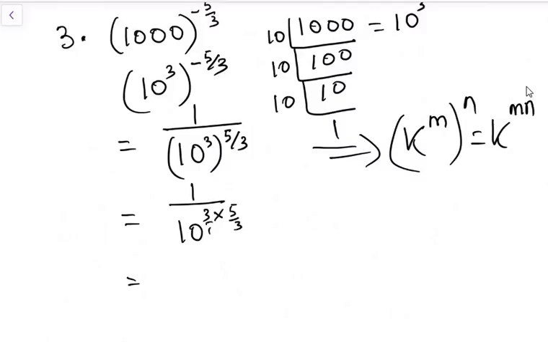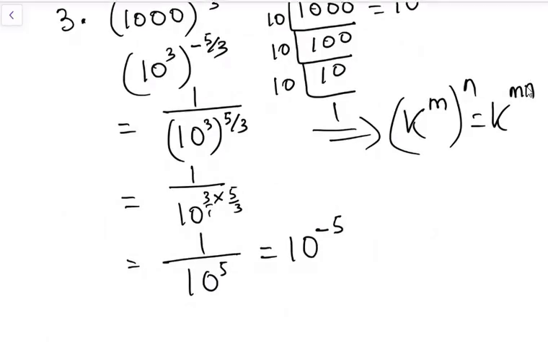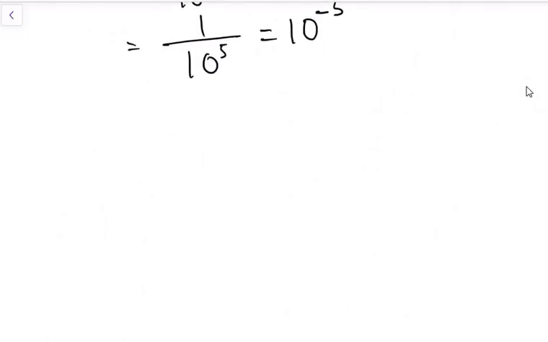You notice one thing, we have 1 over 10 raised to power 5. And if you want to write the reciprocal, what would that be? 10 raised to power minus 5. Pretty easy? Very good. So you can practice all these exercises one after the other.